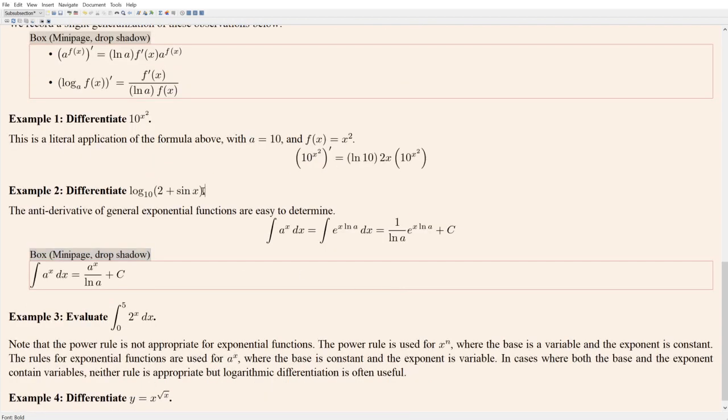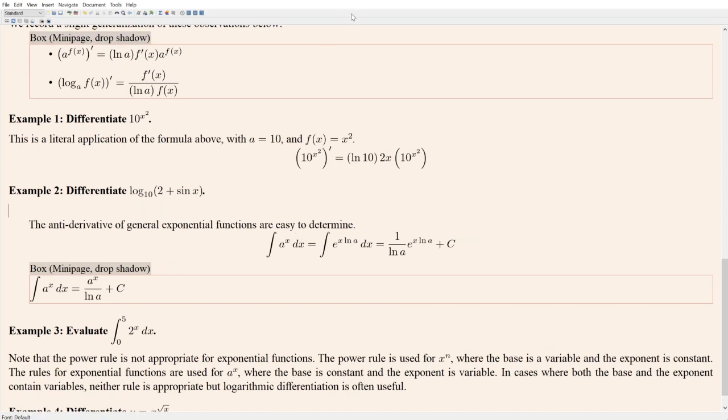So next, differentiate the log base 10 of 2 plus sine x. So again, this is just a literal application of this formula that I've written.